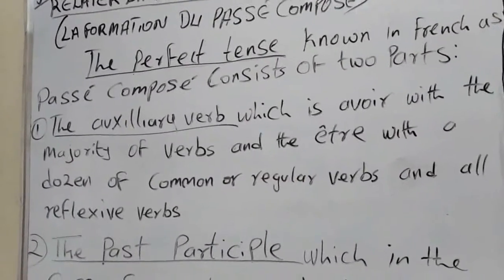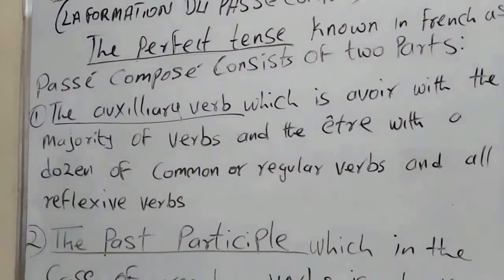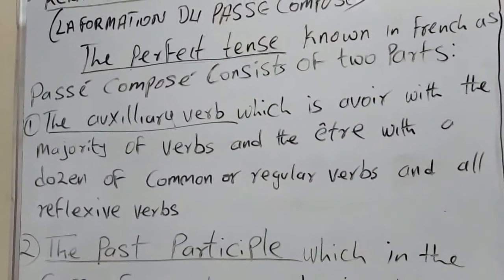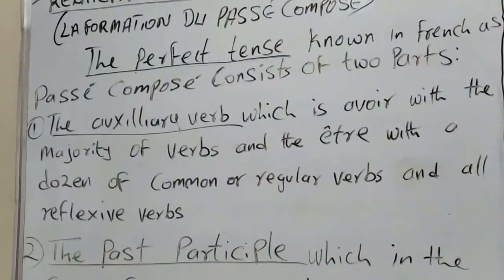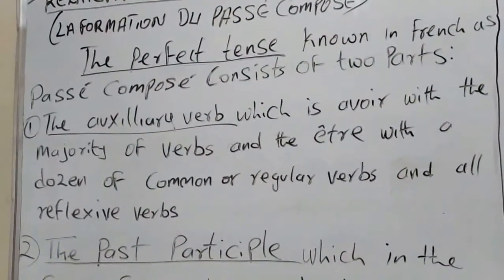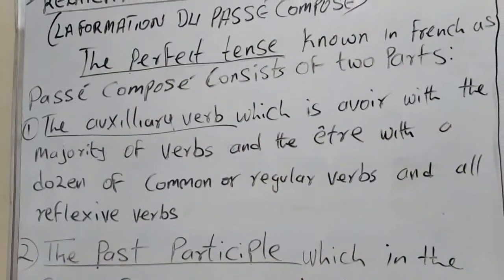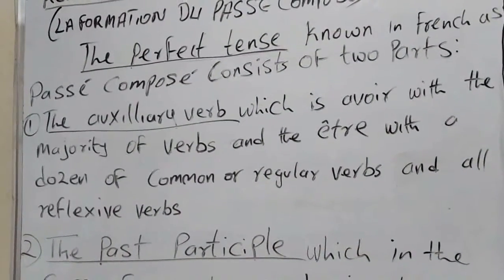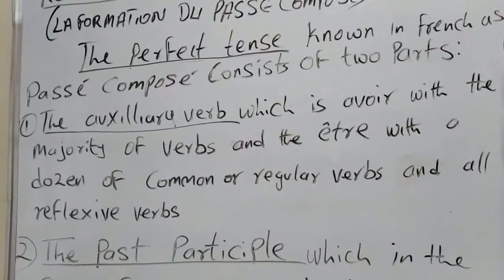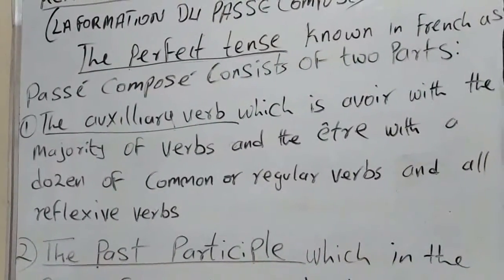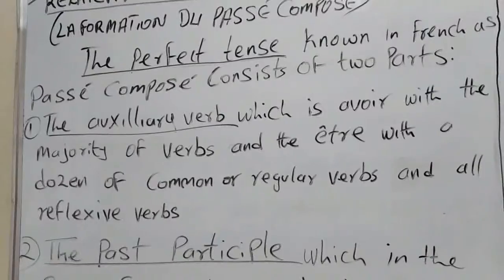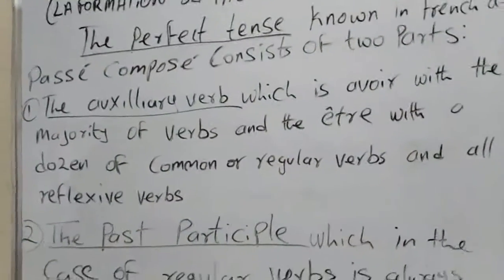As you can see here, we have number one, the auxiliary verb, which is also known as the helping verb. Which is avoir in the majority of verbs, and être with a dozen of common or irregular verbs and all reflexive verbs.